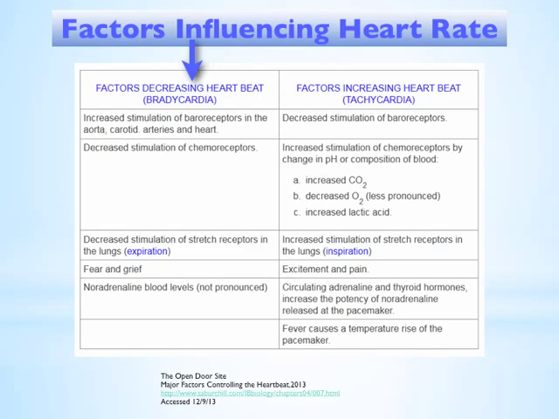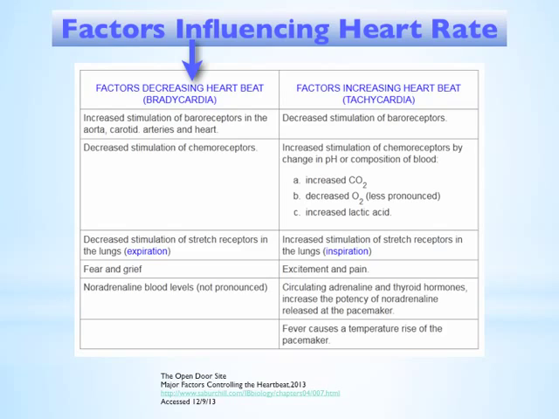We'll talk about chemoreceptors when we go to the other column. And stretch receptors in the lungs refers to when you're exercising and breathing, your breathing rate increases, the stretch receptors are stimulated, and so they then have an effect on heart rate. Fear and grief can produce bradycardia, and also some hormones can produce bradycardia.